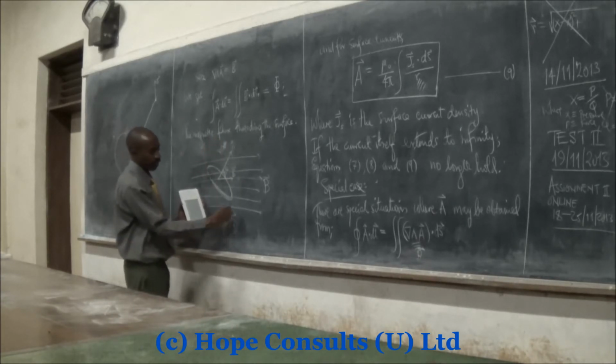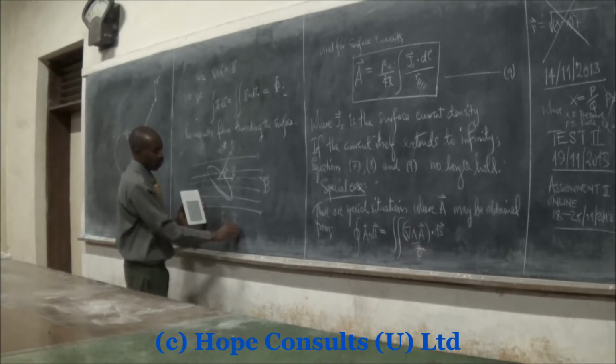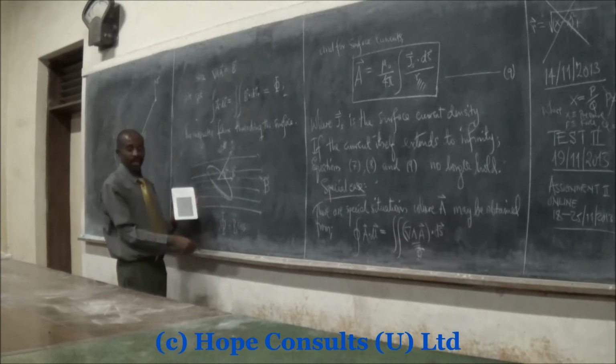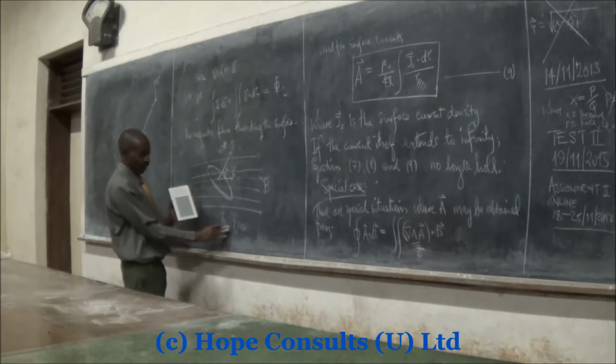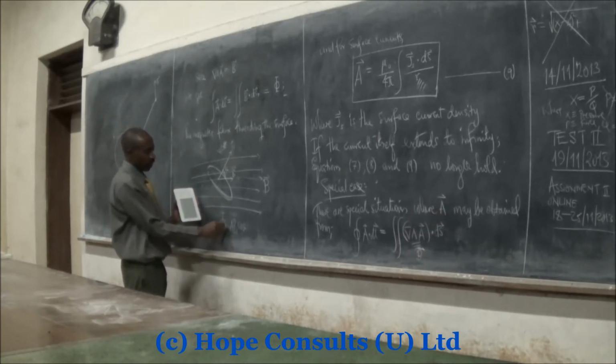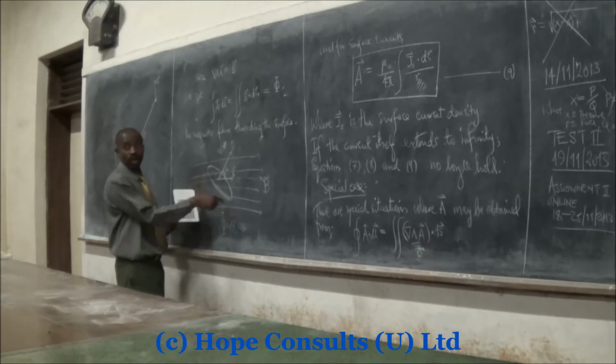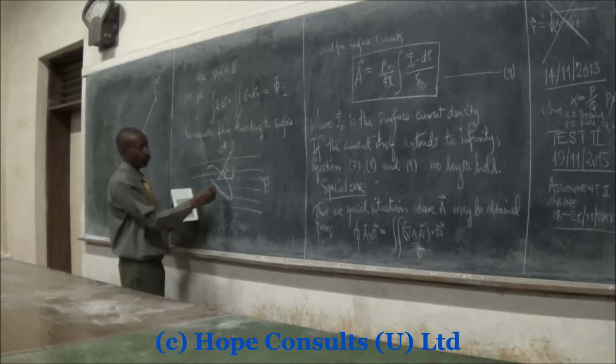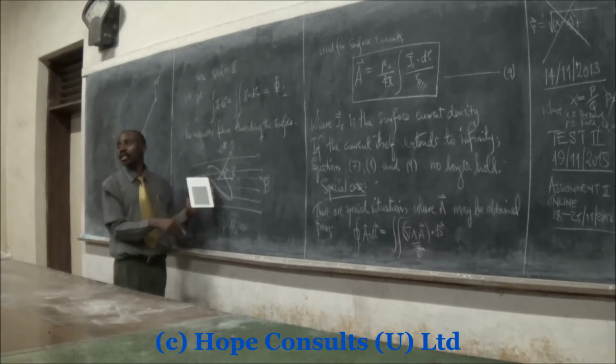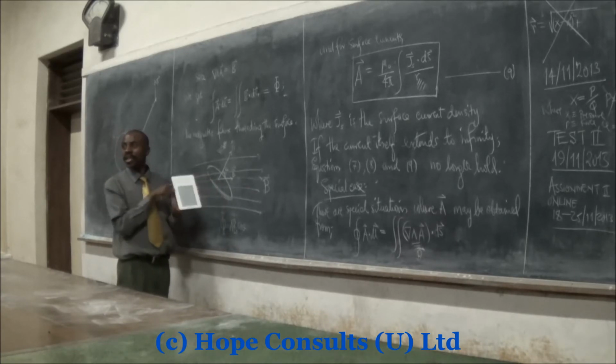So this is B, like that. So this is B cos theta. And then you multiply by the area, the area of the coil through which all these magnetic field lines are threaded.